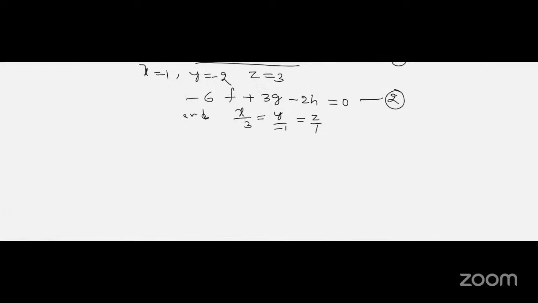So in this case we are getting minus f plus 3g minus 3h equal to 0. This is equation 3.